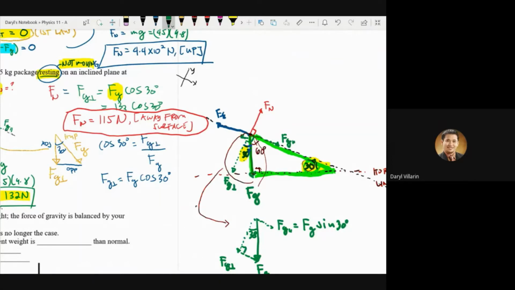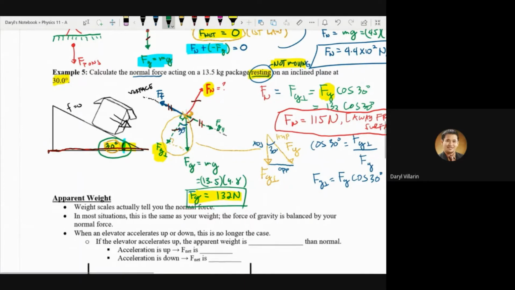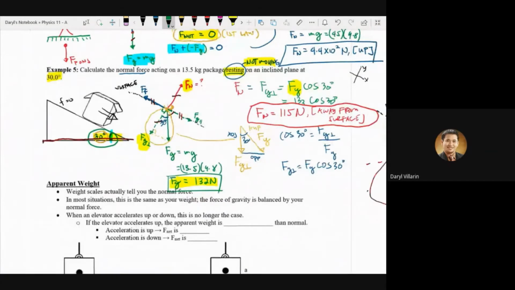The usual is that you'll be given this angle here, but that is the angle from the horizontal, the angle of inclination. Well, I don't know if that's the angle of inclination, but usually it's given as the angle between the horizontal and the incline. That's the usual case.